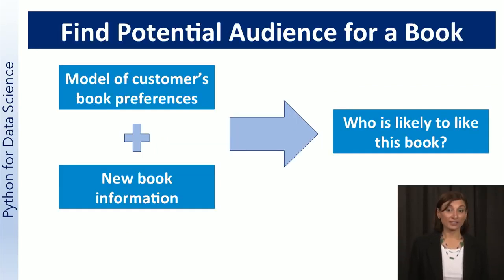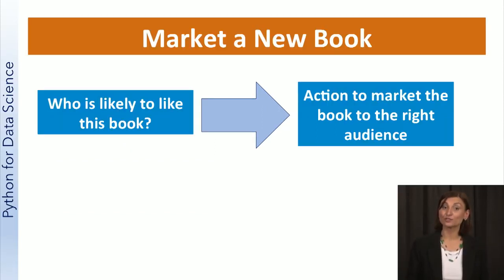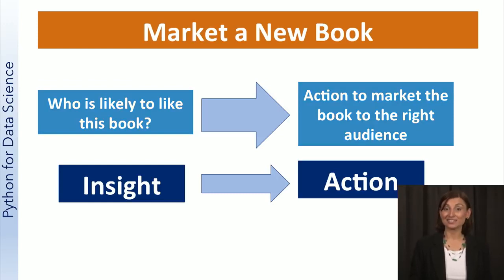The book retailer can also use this information to predict which customers are likely to like a new book and take action to market the book to those customers. This is where we see insights being turned into action.